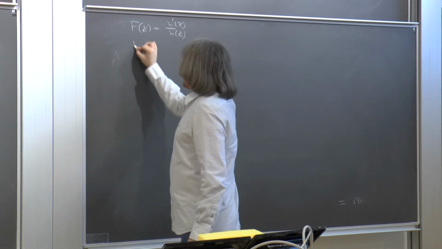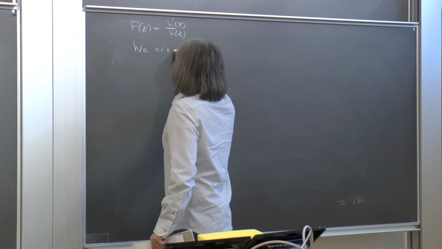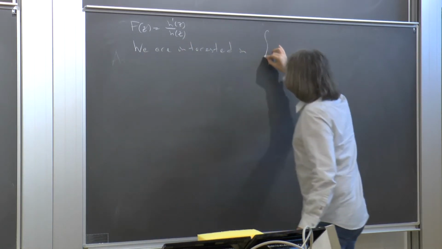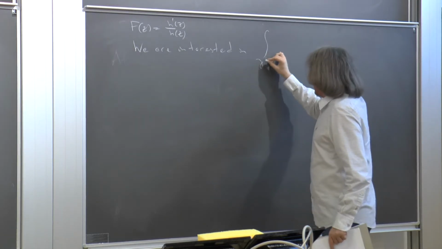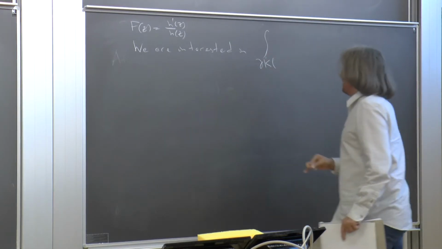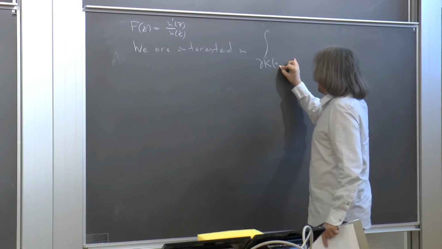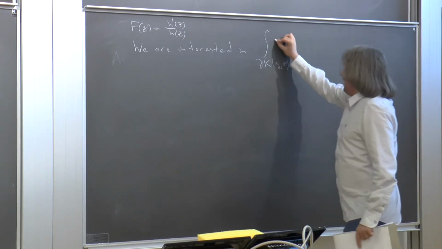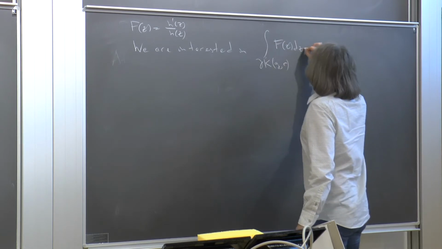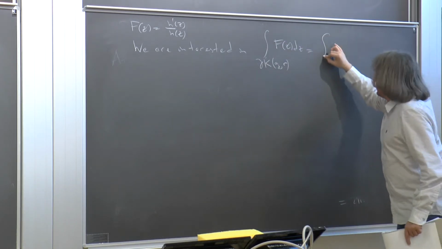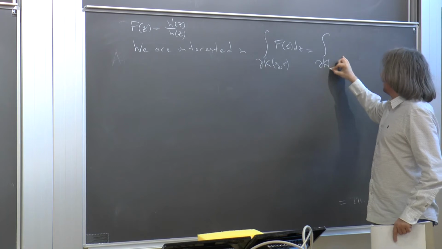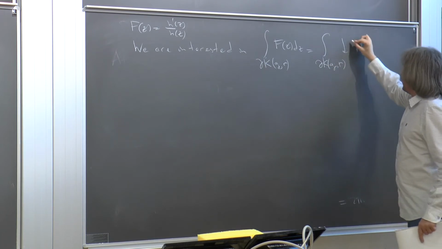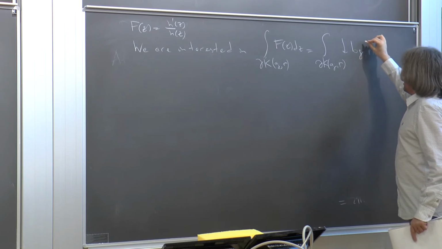We are interested in the integral over some little circle around a_j with some radius r of f of z dz, which is the integral over the circle around a_j of r d log h of z.